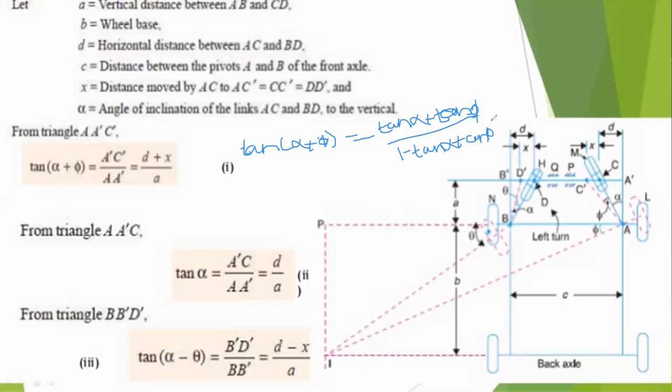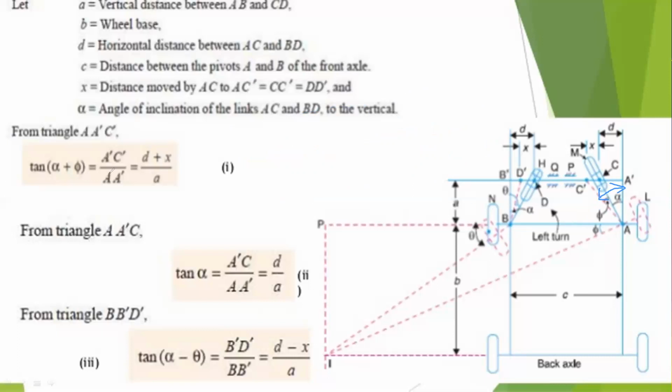Okay, so it is the main formula of tan alpha plus phi, but I am calculating tan alpha plus phi directly. You can see it is alpha, and it makes an angle phi. So I am calculating this total angle.